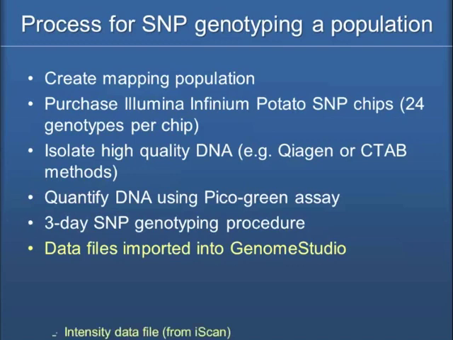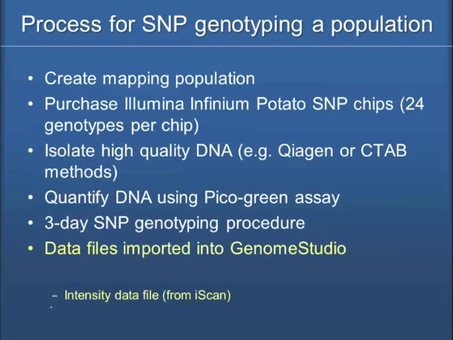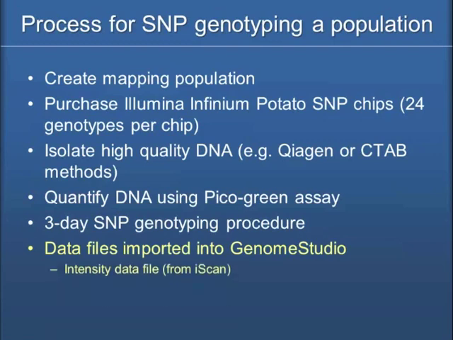Okay, so now we have the data files in hand, and so what Dan will do is he'll import them into Genome Studio. So you need the intensity data file, which is a light intensity or color that's being read.